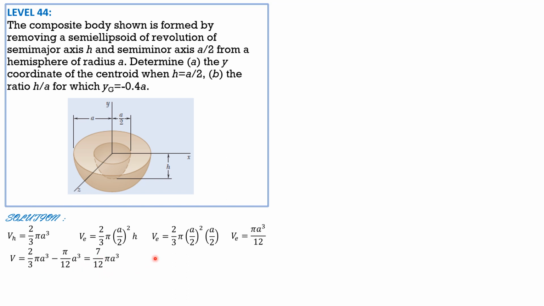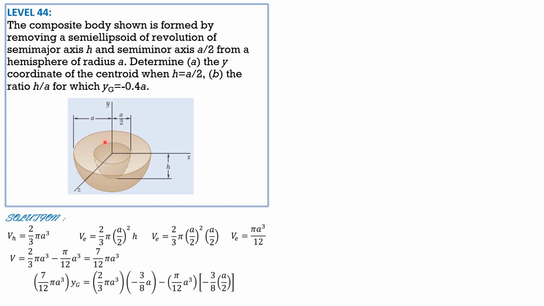By Varignon's theorem, 7 pi a cubed over 12 times yg is equal to the volume of the hemisphere, 2/3 pi a cubed, times negative 3/8 of a, the centroid, minus the volume of the ellipsoid, pi over 12 a cubed, times its centroid, negative 3/8 of h, where h is a over 2.